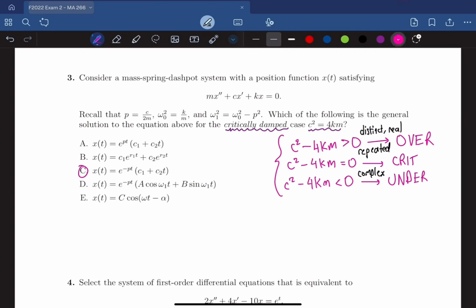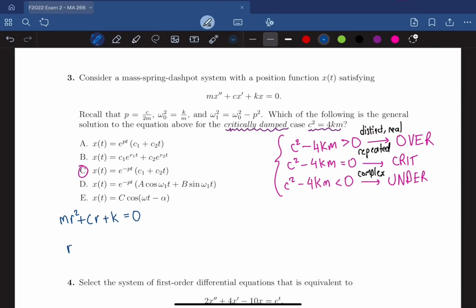Alright, so we're going to start with, like I said, the characteristic equation. So we have mr squared plus cr plus k equals 0. And from here, let's just plug it straight into the quadratic formula.